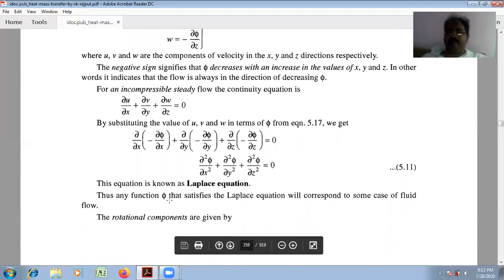Any function phi that satisfies the Laplace equation will correspond to some case of fluid flow.